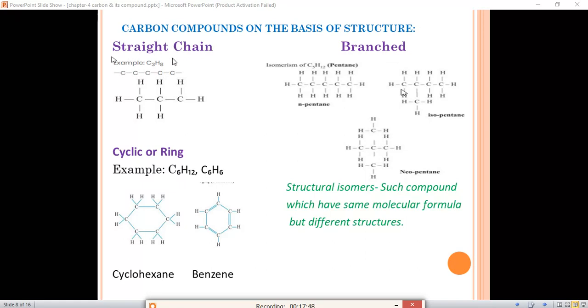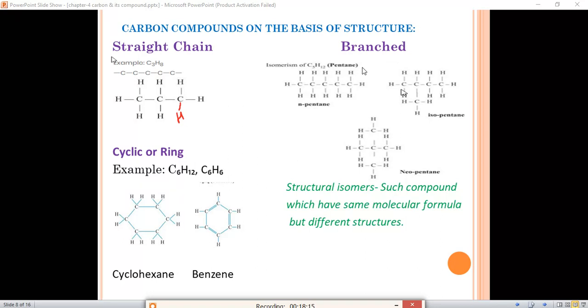For example, in a straight chain we'll have a look at C3H8, that is propane. It can form covalent bonds with other carbon atoms to form a long chain. This is our structure of propane, 3 carbon atoms with 8 hydrogen atoms.